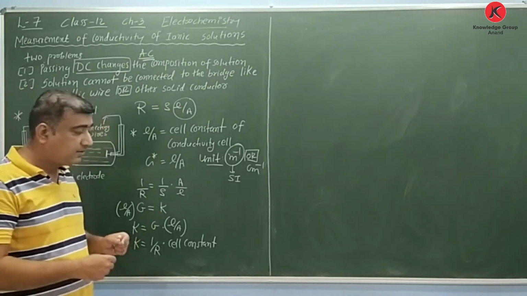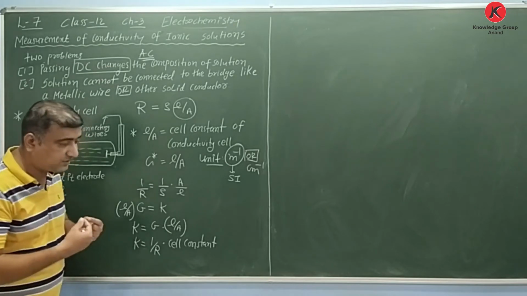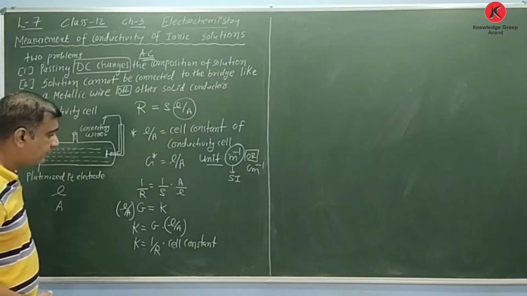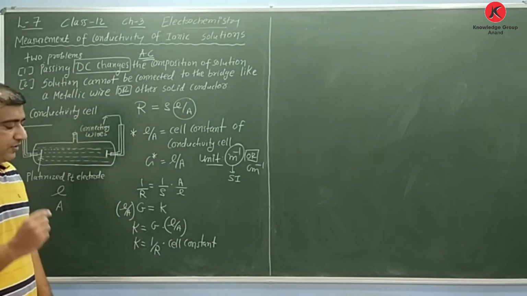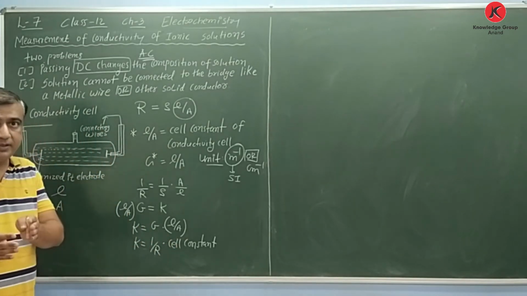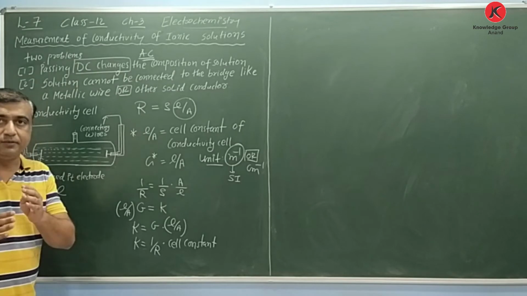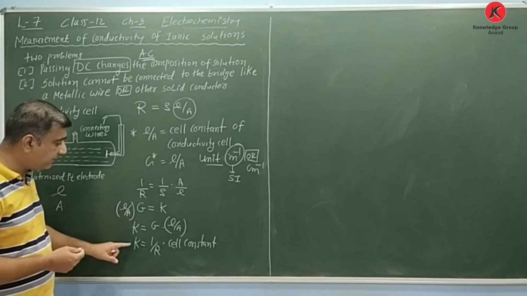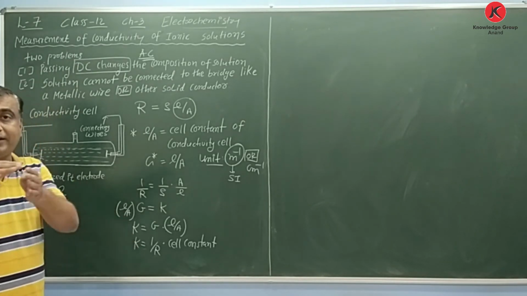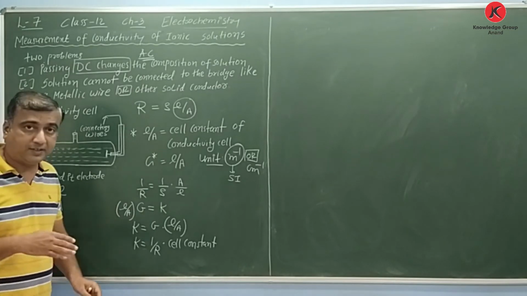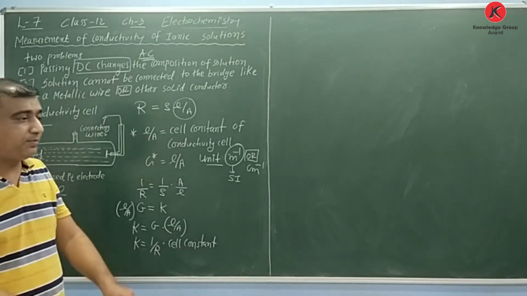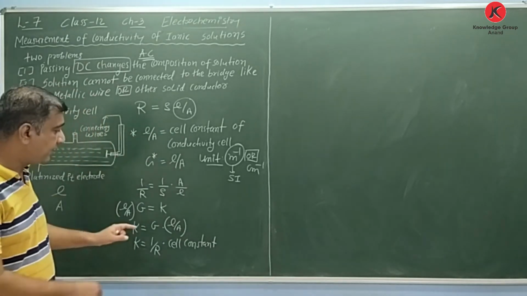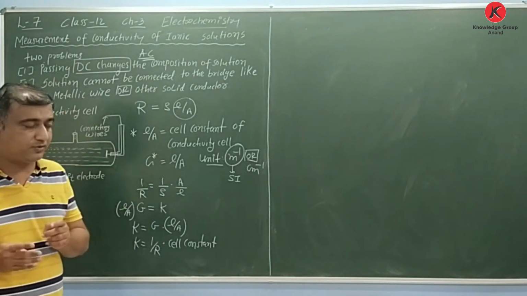So how to measure the cell constant? For measuring the cell constant, we use a solution whose conductivity is known at various concentrations. By measuring the resistance of that solution, we can find the cell constant.